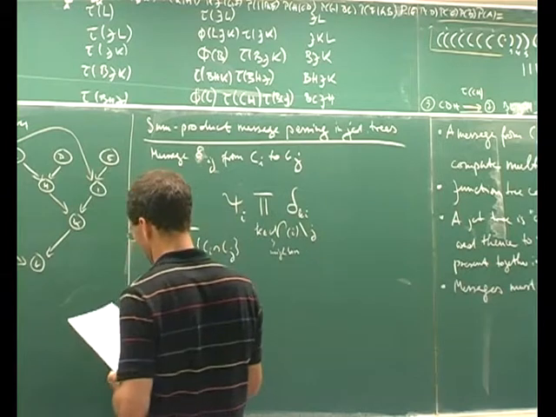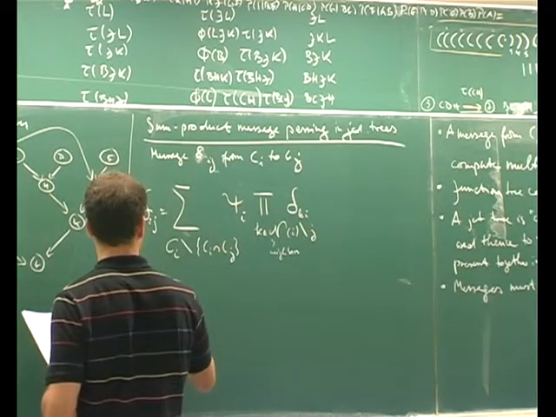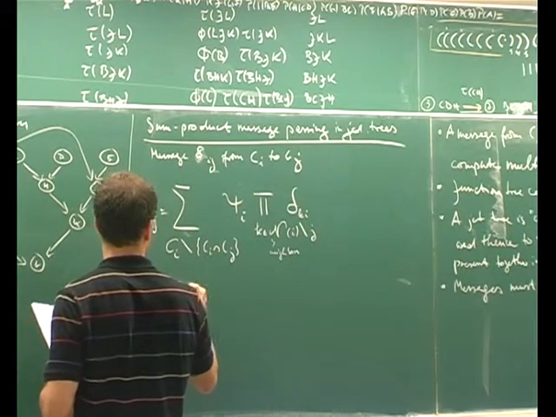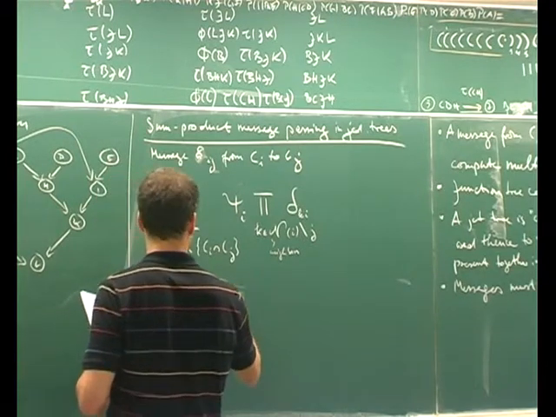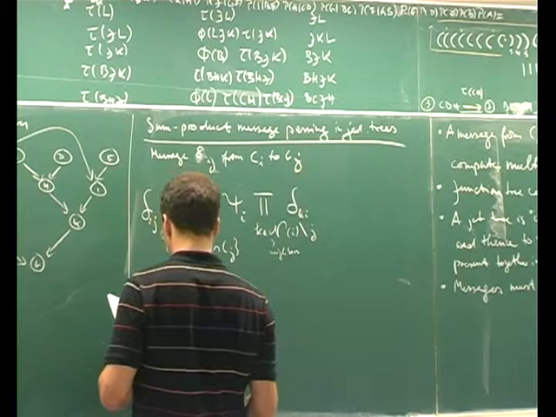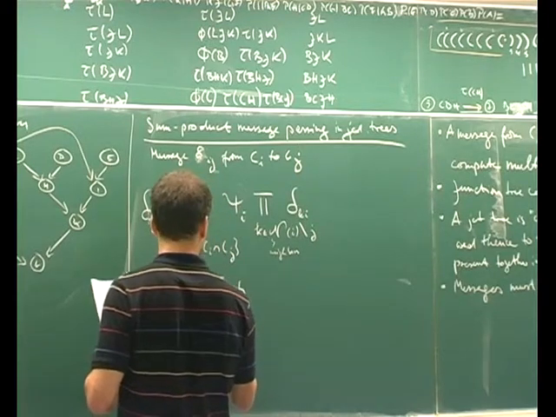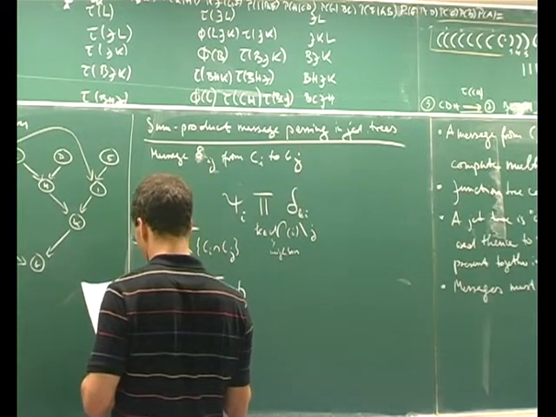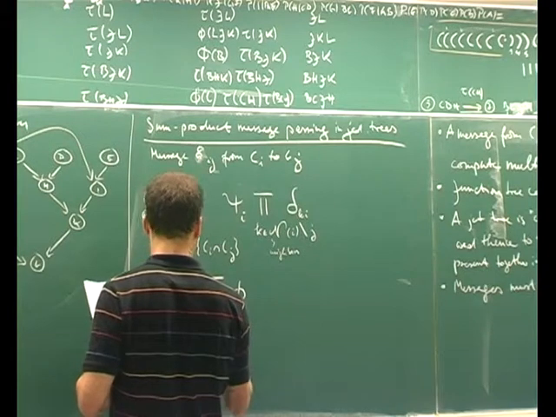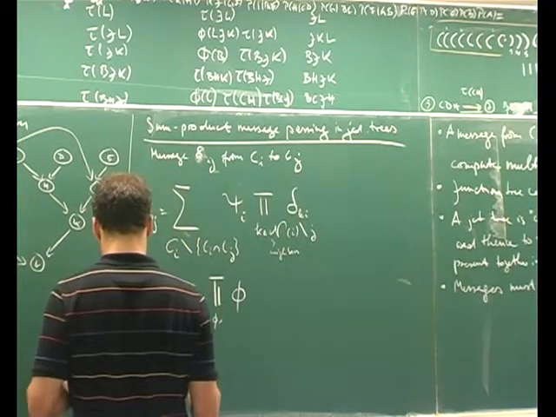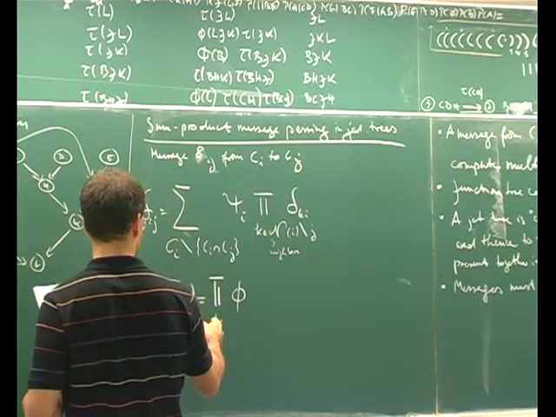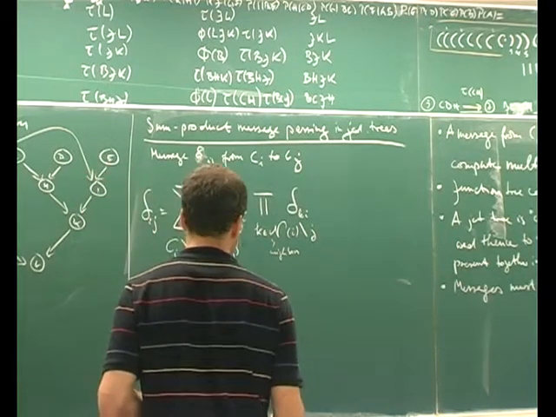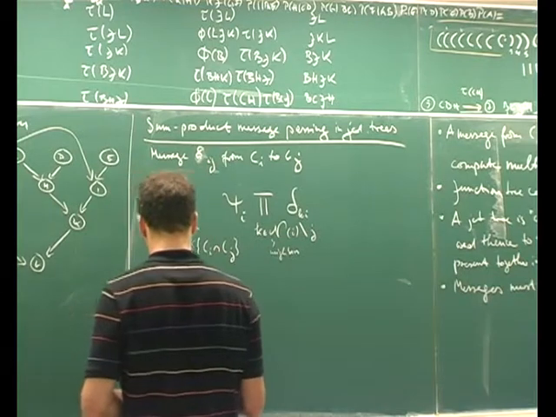And psi I, this native potential of a cluster, is the product over all factors where the factors are chosen to belong to that particular node.